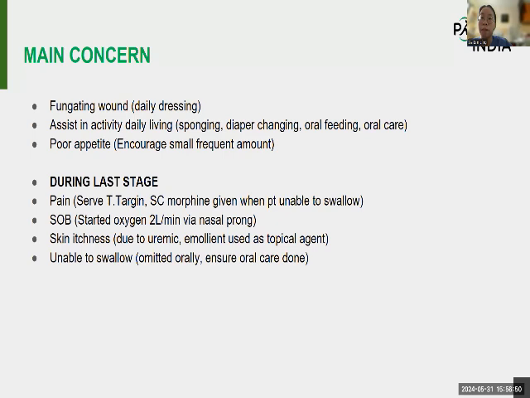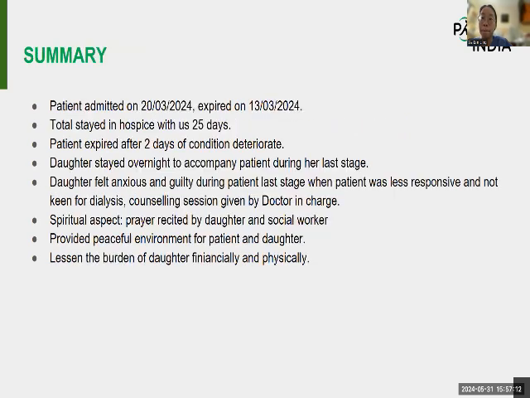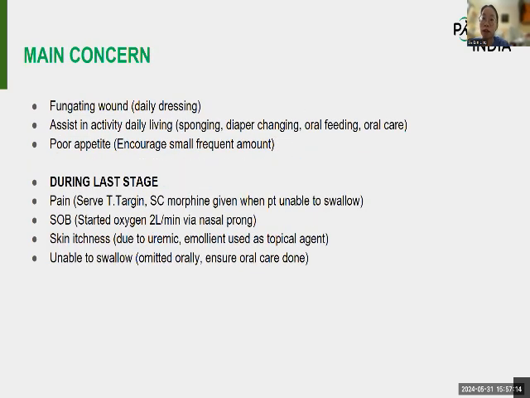For shortness of breath, we started oxygen 2 liters via nasal prong. For skin itchiness due to uremia, because the patient was unable to go for dialysis in the last stage, we applied lotion as a topical agent. When the patient was unable to swallow, we omitted the oral medicine and ensured oral care was done properly.